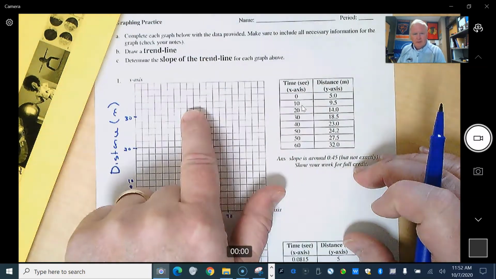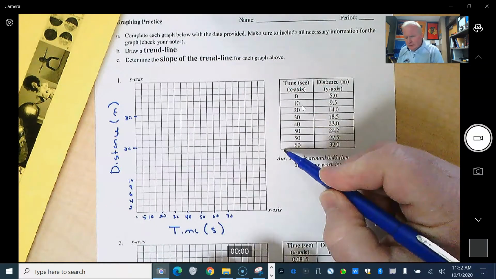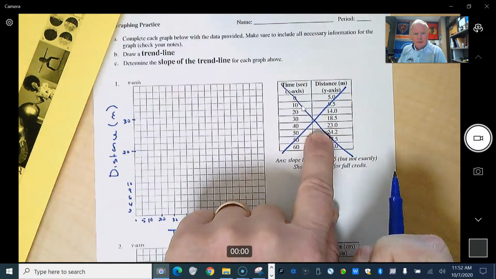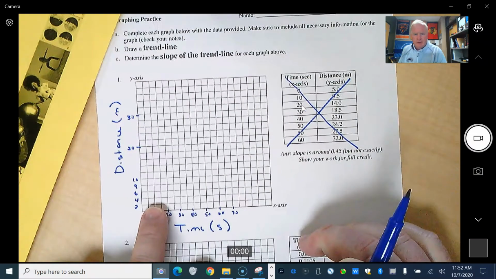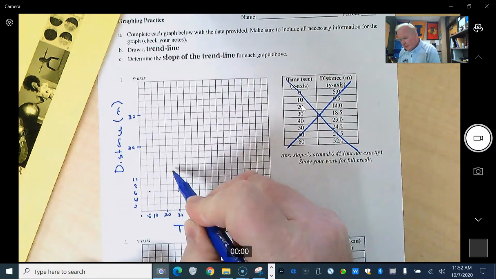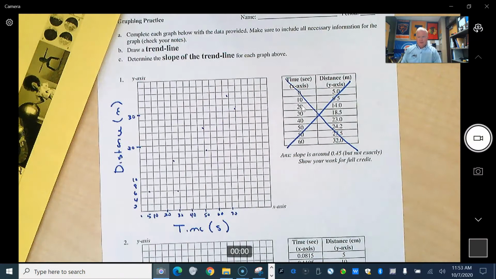Sometimes when we use y2 minus y1, we're wedded to this set of data. So pretend, what if you didn't have this data? What if this did not exist? And instead we gave you a graph with everything set up and a number of points on the graph.